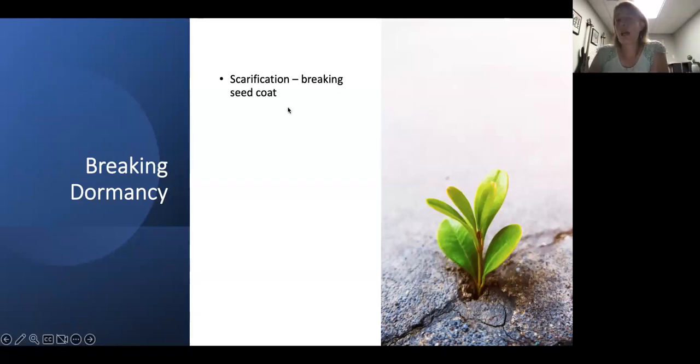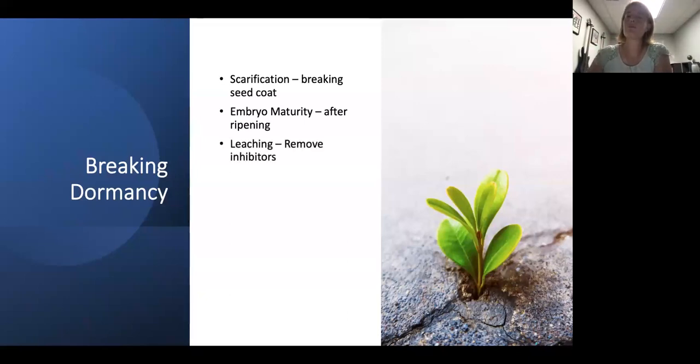So scarification is a way that we can break dormancy. And this is something where we break the seed coat, and we'll look at each of these in a little bit more detail in a second. Then we have something called embryo maturity, so after-ripening. So this is going to be endogenous. Then we have leaching, so adding water to remove inhibitors.